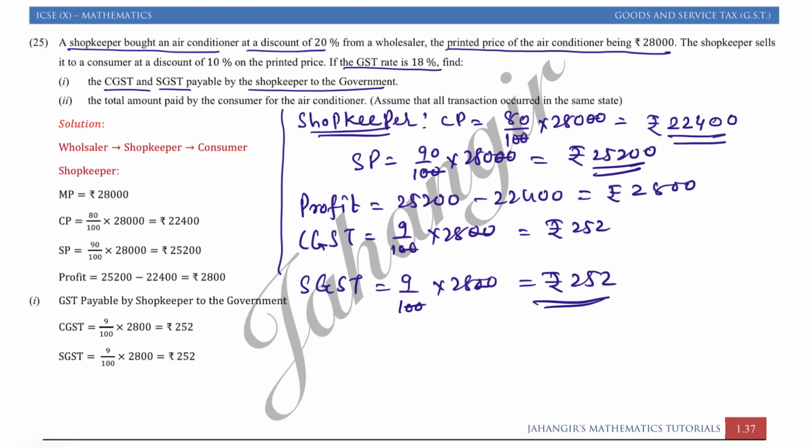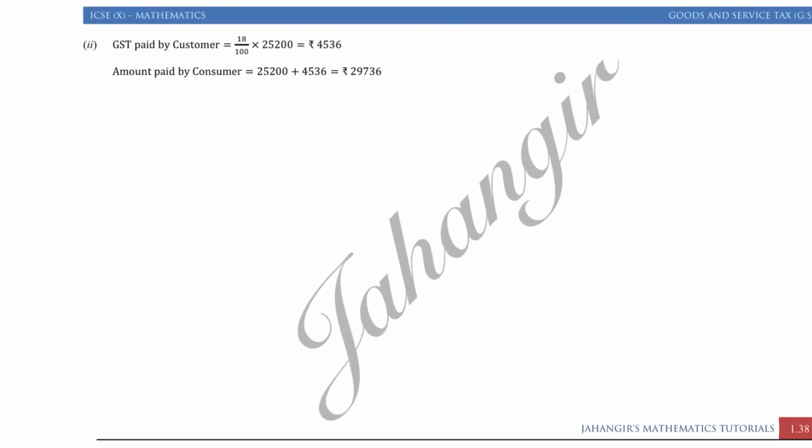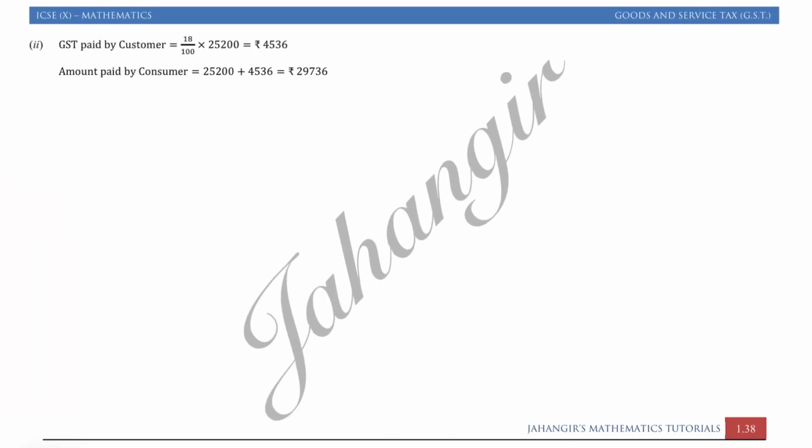Now the second part is total amount paid by the customer for the air conditioner. Now we know customer had bought it for rupees 25,200 and it will pay 18% tax on it. So first we will write GST paid by the customer, that is equal to 18% of 25,200. 0 will get cancelled.